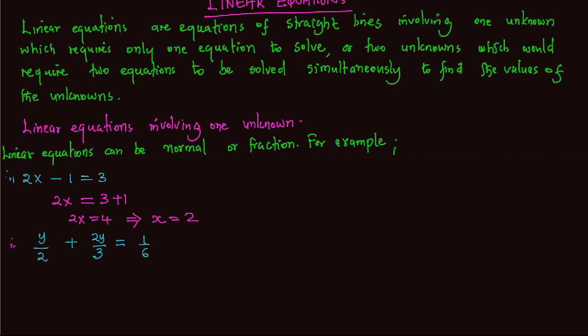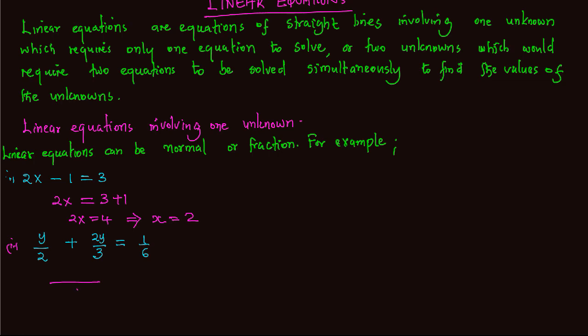Second example, y over 2 plus 2y over 3 is equal to 1 over 6. This is a linear equation in fraction form. We follow the normal procedure of evaluating fractions by finding the LCM, writing the left-hand side of the equation as a single fraction.